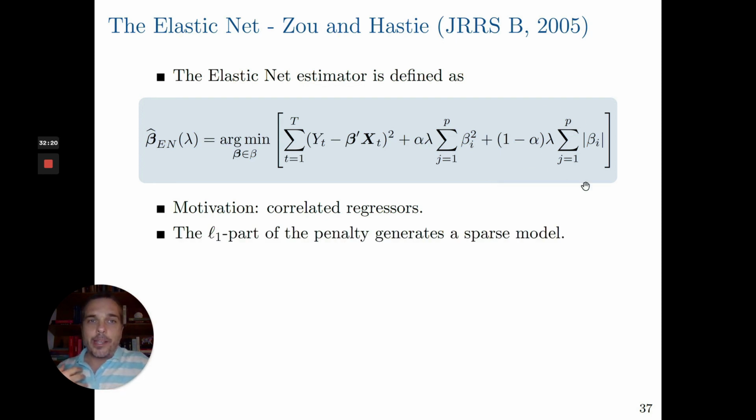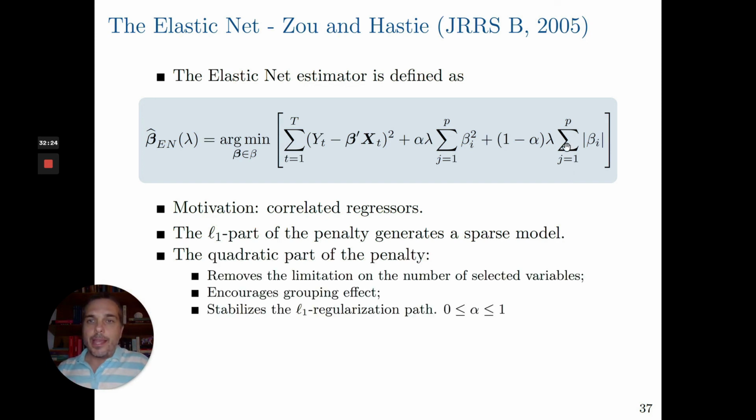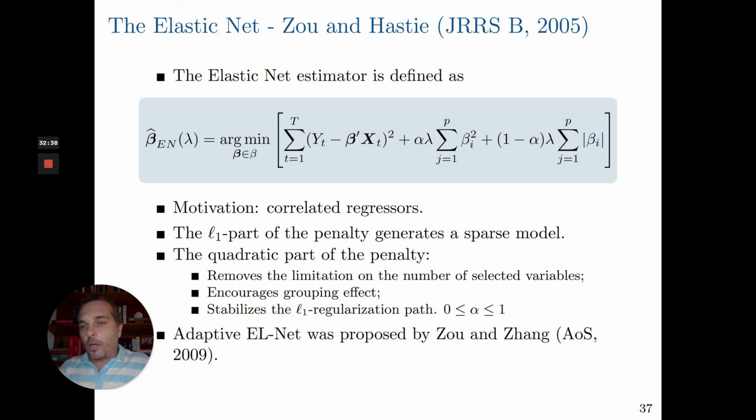So this part here will generate a sparse model. And the quadratic term will do what we call the grouping effect. It tries to select variables that look similar. Okay? And also we have the adaptive version of the elastic net.